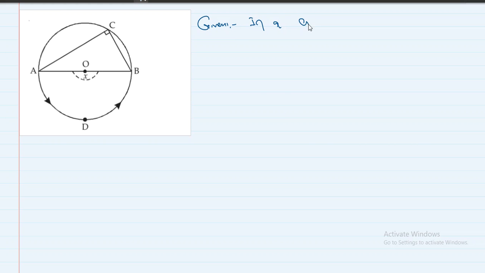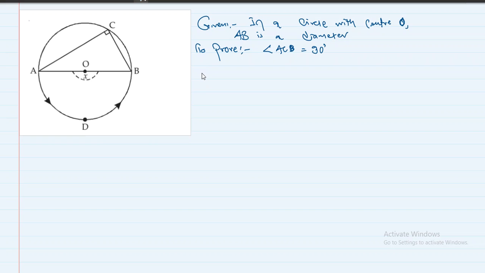In a circle with center O, AB is a diameter. To prove that angle ACB is 90 degree.